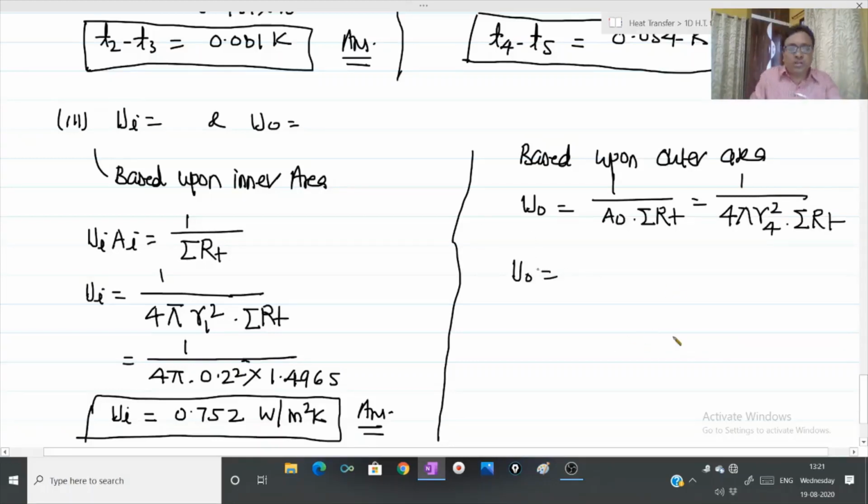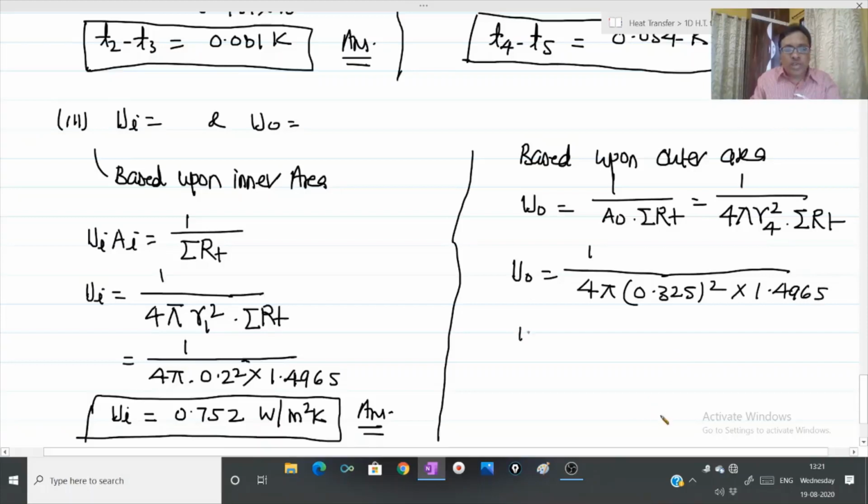Let us put all the values. 1 over 4 pi, outer radius is 0.325 square, into 1.4965 is the total thermal resistance.